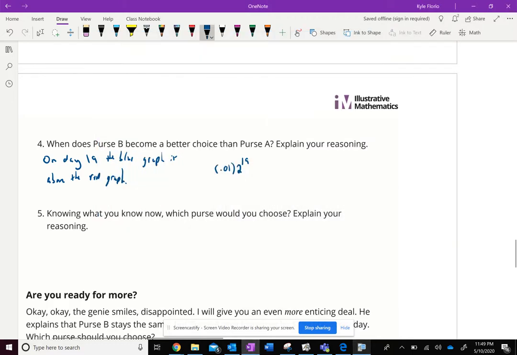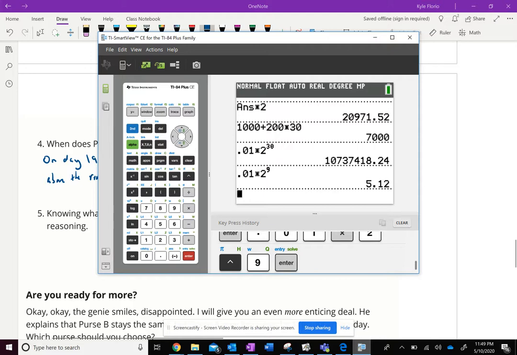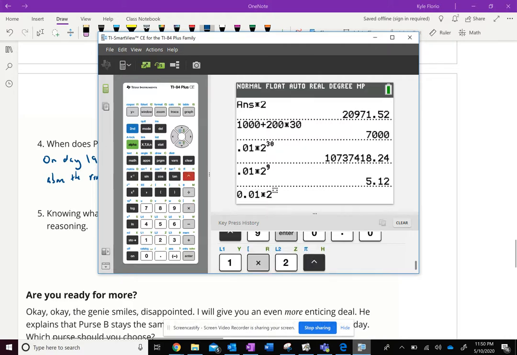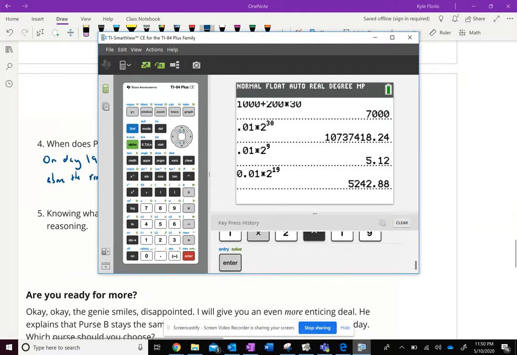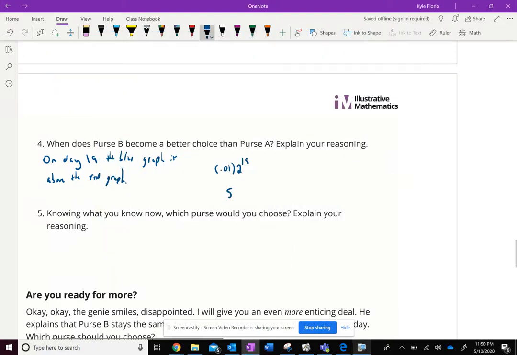Oh, 19. I knew I did it wrong. 1 cent times 2 to the 19th. So on 19 days, it was $5,242.88.